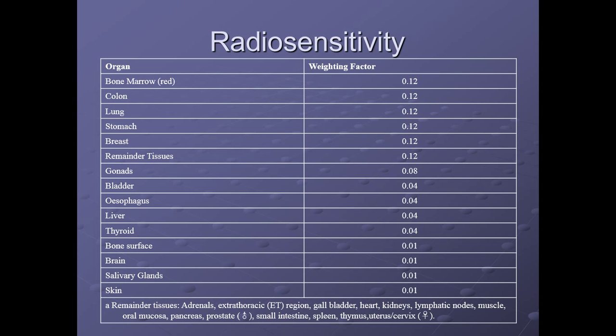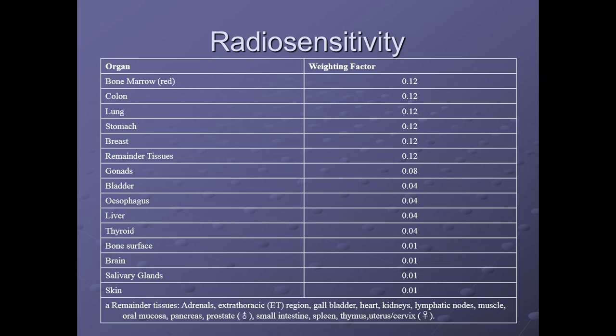So these tissue weighting factors are based on the risk to these organs of getting cancer. So we're looking at stochastic effects and the risk of getting stochastic effects from a radiation dose. So looking at the list here, this is from the ICRP report 103 that came out in 2007.